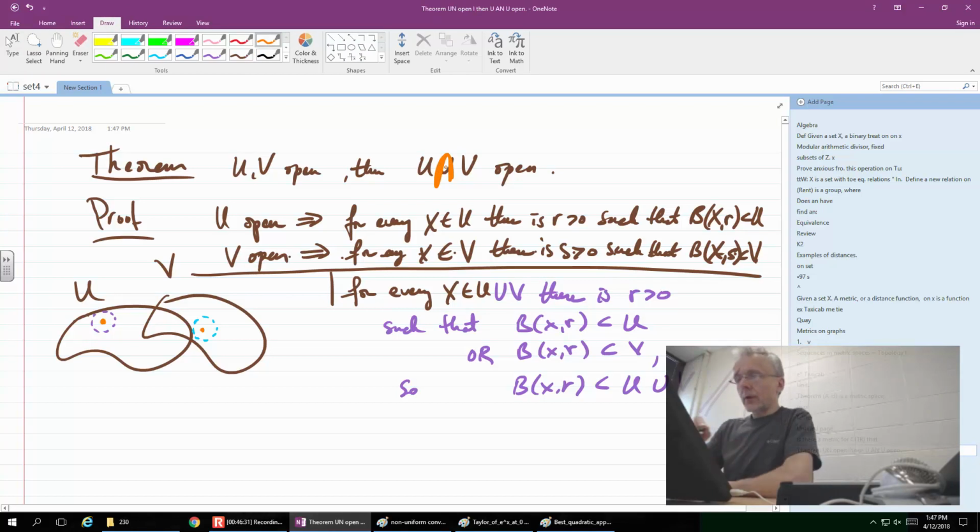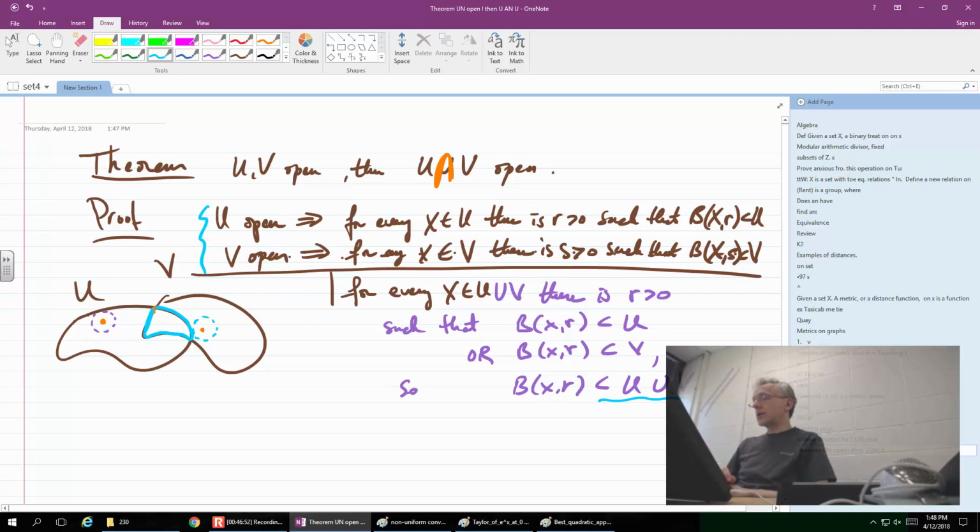Then we are talking about now U intersection V. This part is the same. So still, U is open, V is open, which means that for every x we have this property satisfied. And this transition becomes impossible now because it's not enough to say that the disk that we're supposed to find lies inside of the union. It has to lie inside of the intersection.